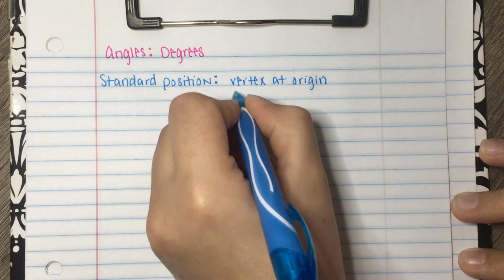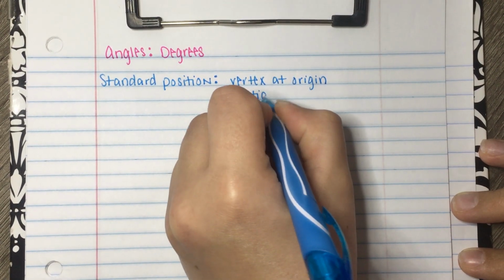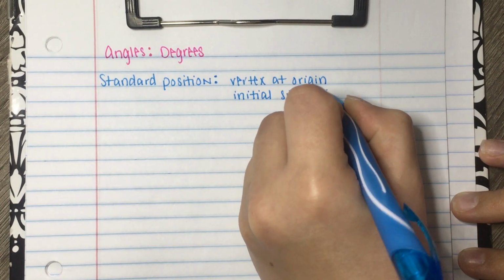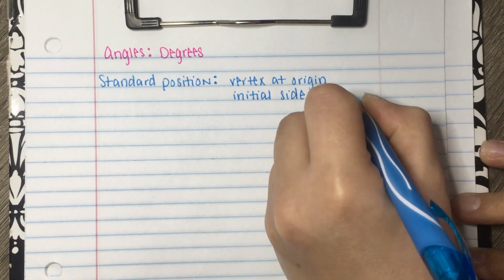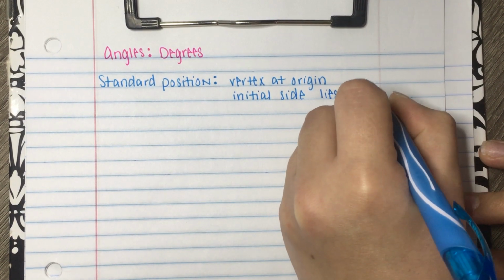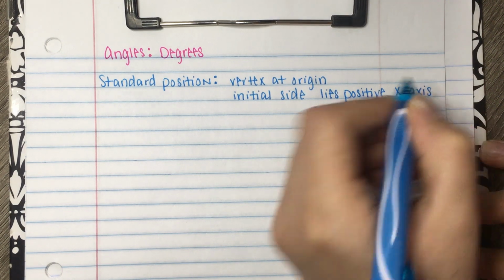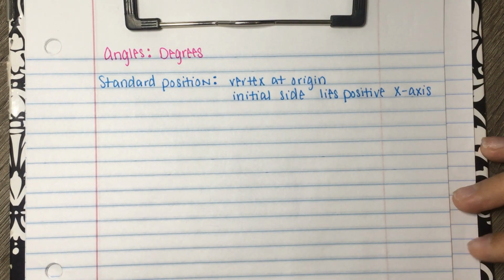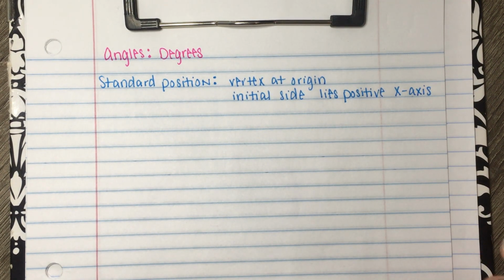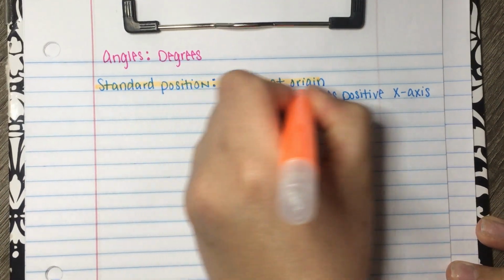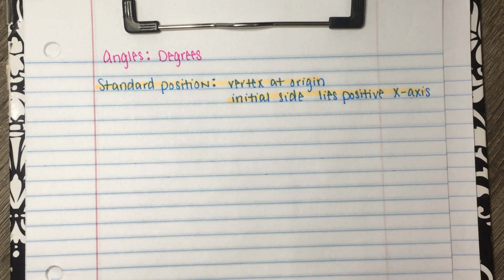And then we have one more characteristic: the initial side of your angle always has to lie on the positive x-axis. And right away, there's our first definition for standard position. I'm going to use my cute orange highlighter here. And there's my first definition.